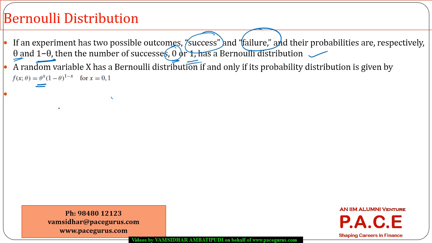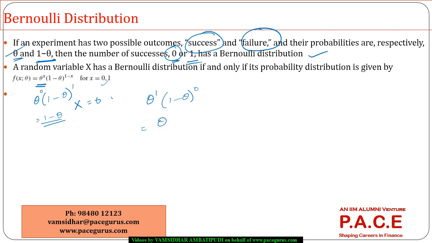So if you are saying x equal to 0, then this becomes theta to the power 0 into 1 minus theta to the power 1. So it becomes 1 minus theta, because it's a failure, 0 success. And if I am saying x equal to 1, theta to the power 1 into 1 minus theta to the power 0, which will become theta, which is nothing but the probability of success.